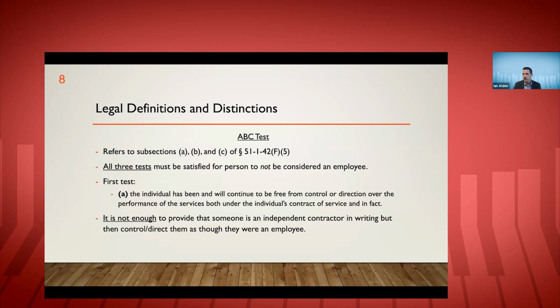I do get that question a lot in the construction industry. Let's say you've got a job site, you need them to do a specific job. Is hiring them to do that specific job considered control such that it fails the ABC test? Not necessarily. If you're telling them they have to provide the services at the job site, that's just part of the scope of services, and that's acceptable.